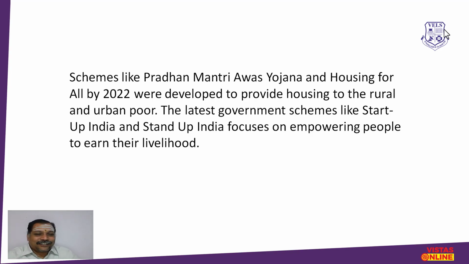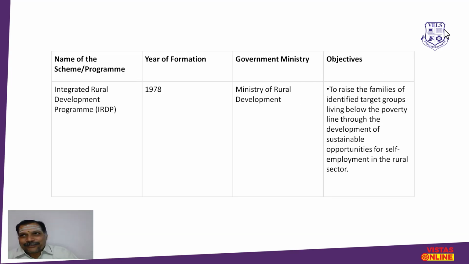the poverty issue. Let me give some detail about the leading poverty alleviation programs. In 1978, the Integrated Rural Development Program (IRDP). This was the first successful poverty alleviation program. The main objective of this program is to raise the families of the identified target group who are living below the poverty line.